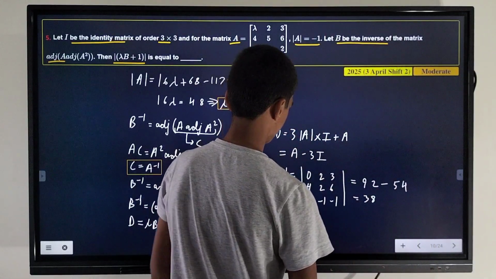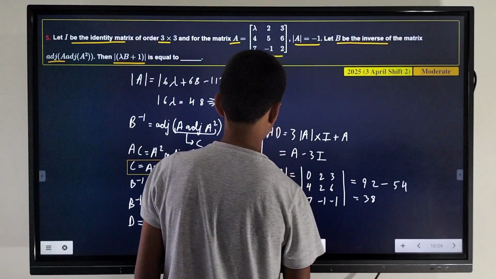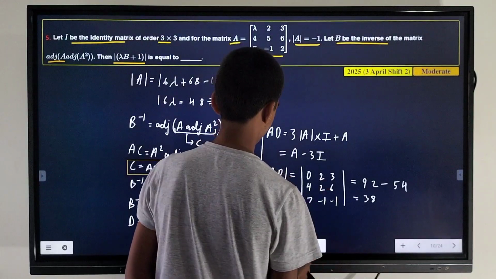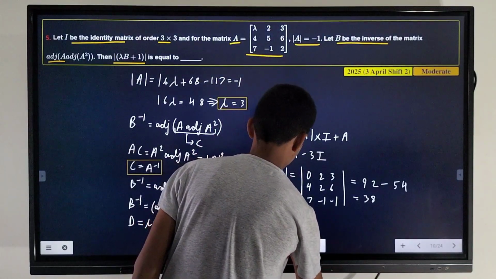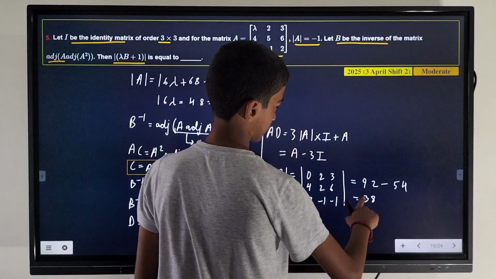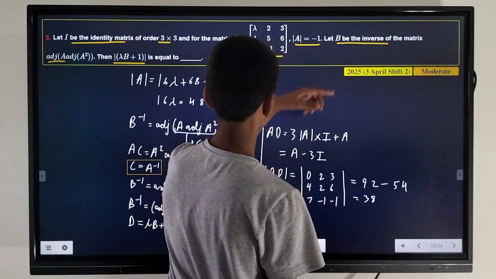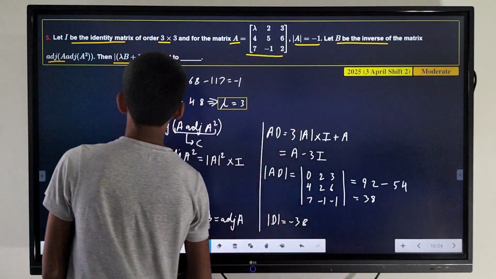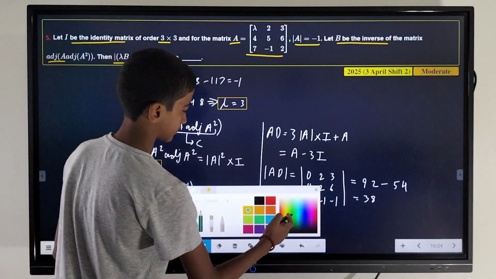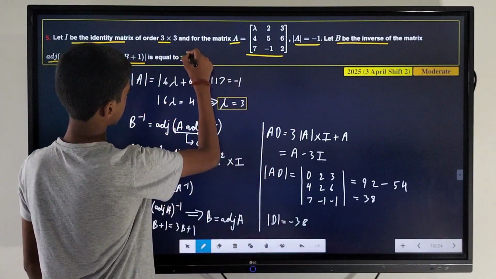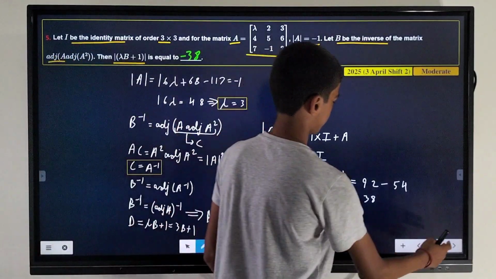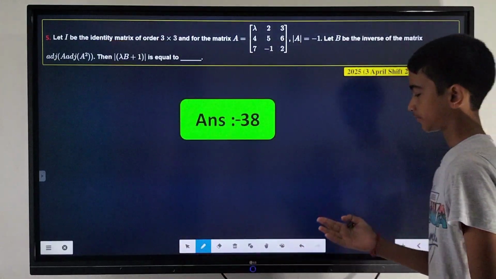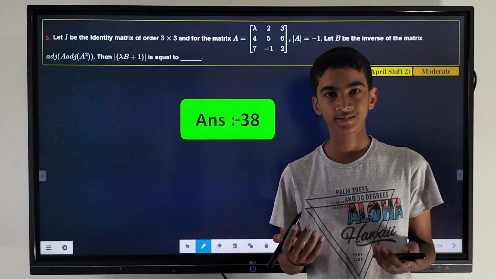Now we can write determinant of AD as determinant of A into determinant of D. So determinant of D is equal to 38 upon determinant of A, which is minus 1. So minus 38. From here our answer is equal to minus 38. And here is our solution. We can see that our answer is correct.